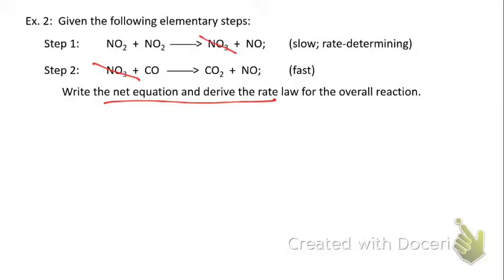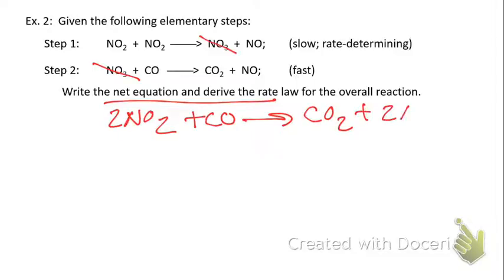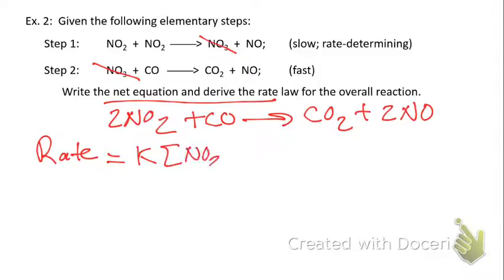So we have 2 NO2s plus CO produces CO2 plus 2 NOs. That's our overall reaction. So the rate law must include both reactants, NO2 to the X times CO to the Y.